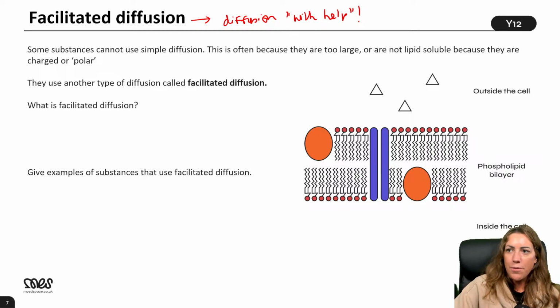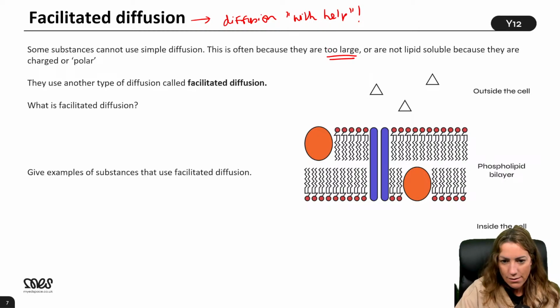Exactly. So some substances cannot use simple diffusion. This is because maybe they are just too big. They can't get past the phospholipids. Maybe they are not lipid soluble, so they can't dissolve in the phospholipid bilayer.